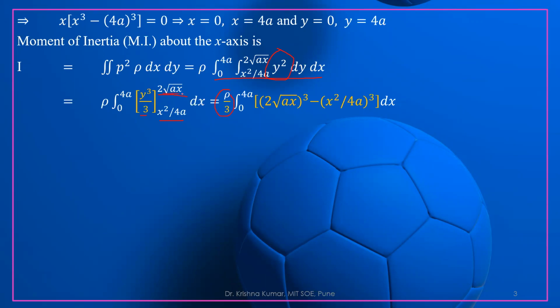Putting in the upper limit, it is 2 root ax whole cube minus the lower limit x square upon 4a whole cube. If we simplify, 2 to the power 3 is 8, and a to the power 3 by 2, x to the power 3 by 2. For the lower limit, x square cubed is x to the power 6, and 4a whole cube means 64a cube. So this is the value. Next part.